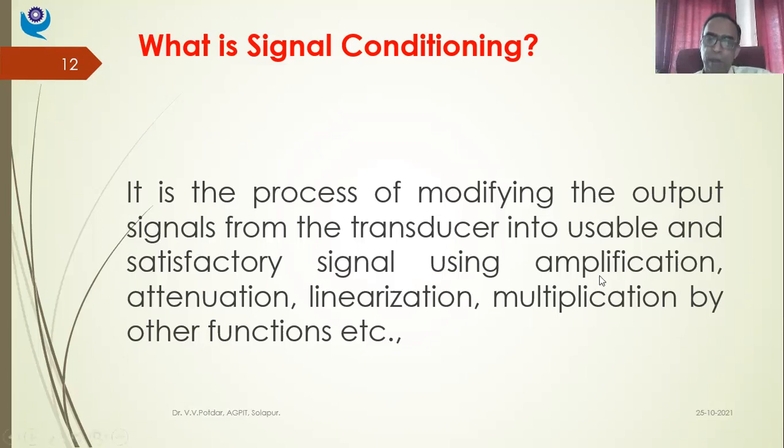By using either amplification or attenuation. Amplification is the opposite of attenuation. Then linearization. We have studied the static performance characteristics of sensors and transducers. So the non-linear signal given by the sensor transducer, the signal conditioning devices need to linearize it.